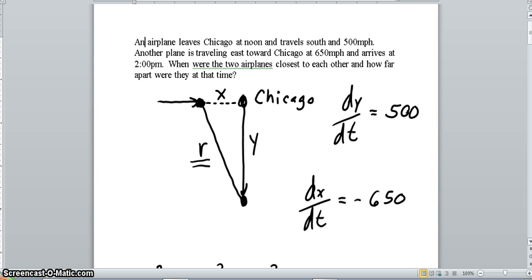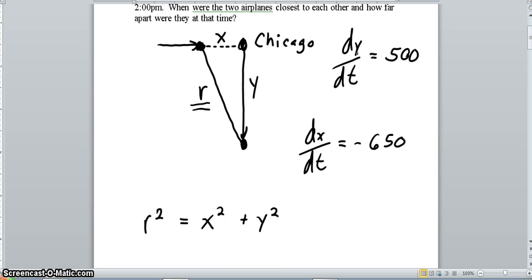So we are given some information about the times here. I'm going to let time 0 represent noon. What that tells me is that for my distance y, the first plane at noon was in Chicago, so at time 0 my distance from Chicago was 0.